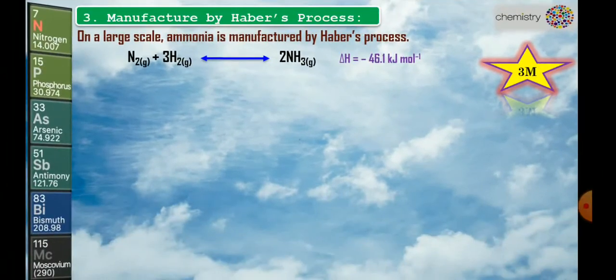The process is exothermic. Now, we need to frame some conditions based upon this chemical equation. Look at the equation. 1 mole of N2 reacts with 3H2. Okay, so in the reactant side, how many reactants are there? 4 reactants are producing only 2 moles of ammonia.